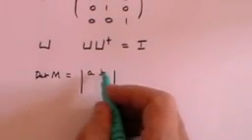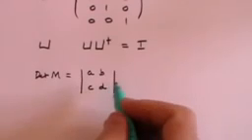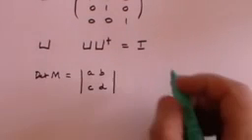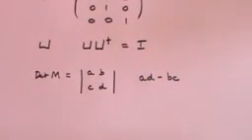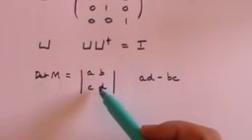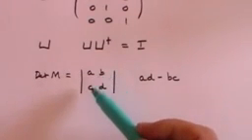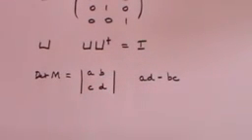And if the matrix is, I'm going to do a 2 by 2 matrix, A, B, C, D, where A, B, C and D will all be complex numbers, the way you calculate the determinant is it's A multiplied by D minus B times C. For 3 dimensions it's a little bit more complicated, but we're not going to need that for the time being. So let's just stick with 2. You multiply the 2 terms on the diagonal and subtract the product of the 2 terms on the off diagonal.